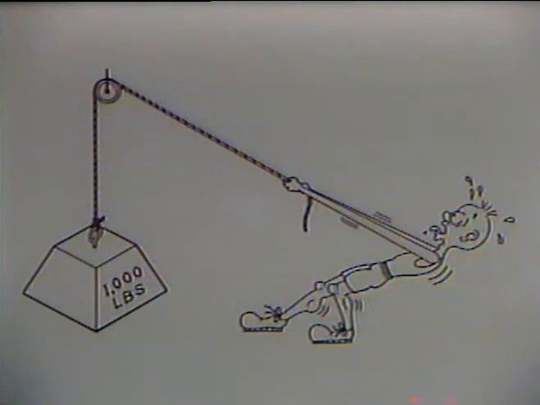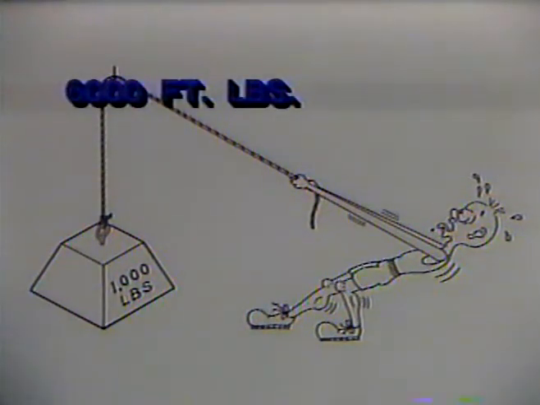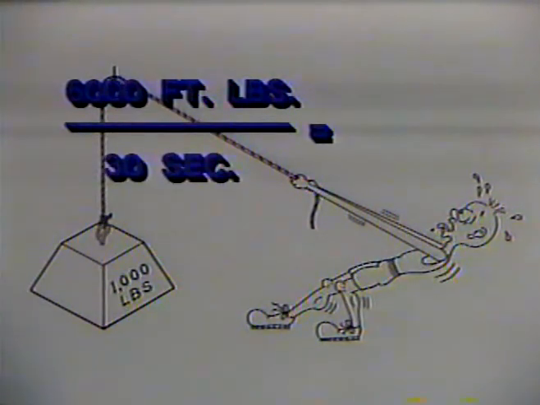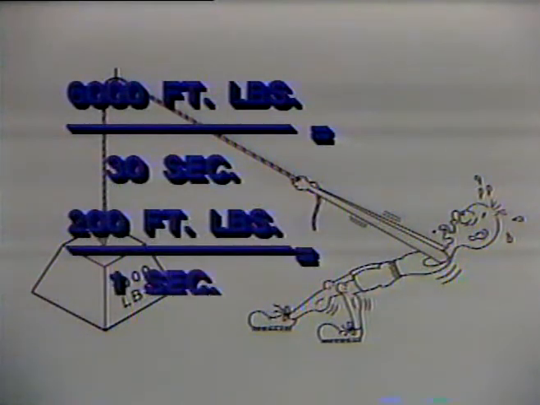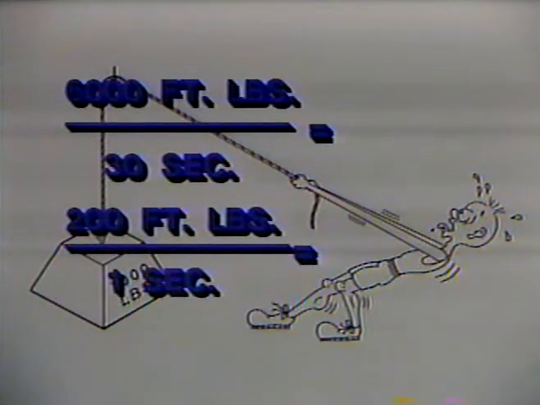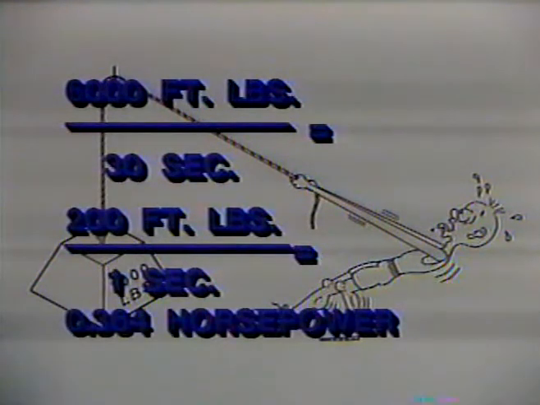We know that 1,000 pounds raised through 6 feet is equal to 6,000 foot-pounds of work. 6,000 foot-pounds in 30 seconds is equal to 200 foot-pounds per second. If 1 horsepower is equal to 550 foot-pounds per second, then 200 foot-pounds per second is a little less than 4/10 of a horsepower.